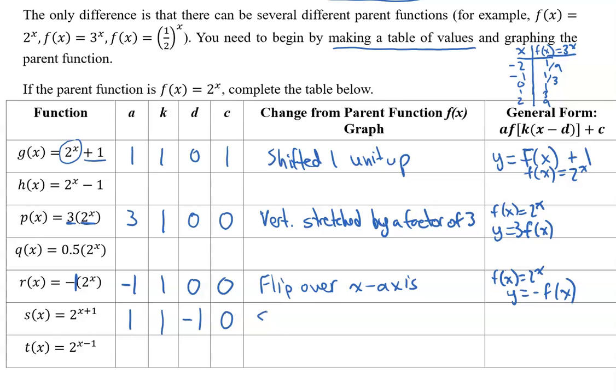So the only thing that happens is it's shifted 1 unit left. And so in general, what that would look like is this: y equals f of x plus 1, because it's the x that is being changed. So we need a change inside the brackets.